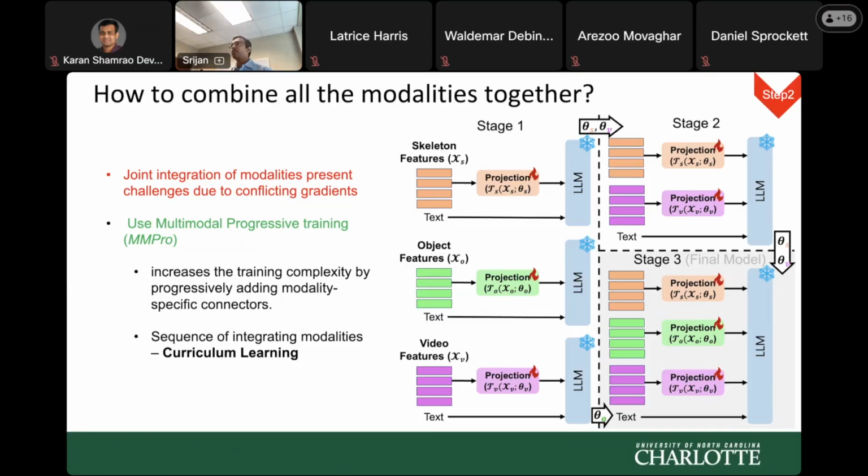Now we have a model, and this model is called Navidan, where all the modalities are integrated into the embedding space. Remember, when we test this model, we don't use the object modality or the skeleton modality, because all these are transformers. You can get rid of any of these modalities at any time. You don't need to do any sort of padding or anything.